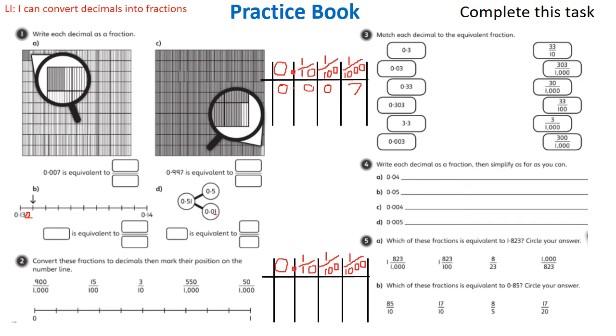Let's do one of them together and then I'll leave the rest for you to do on your own. So let's have a look at 900 thousandths.